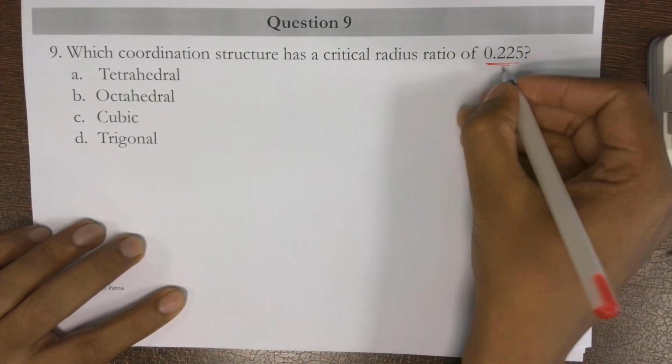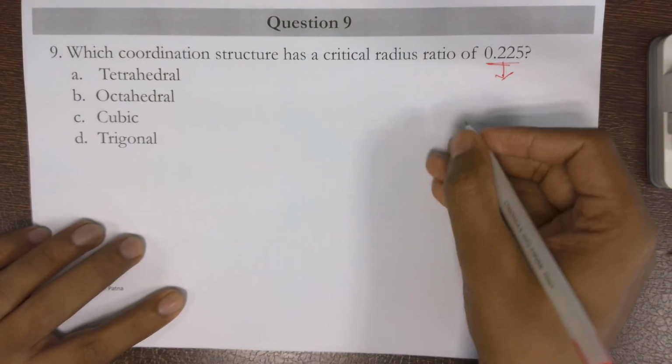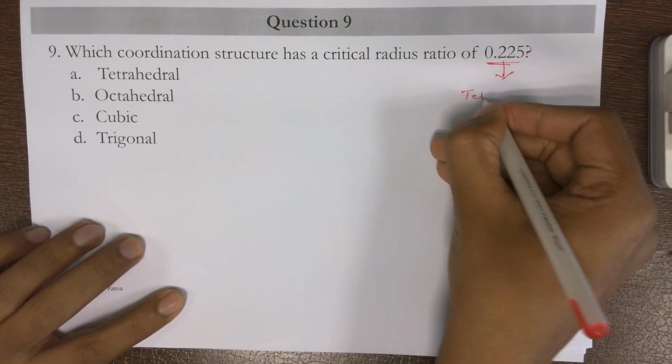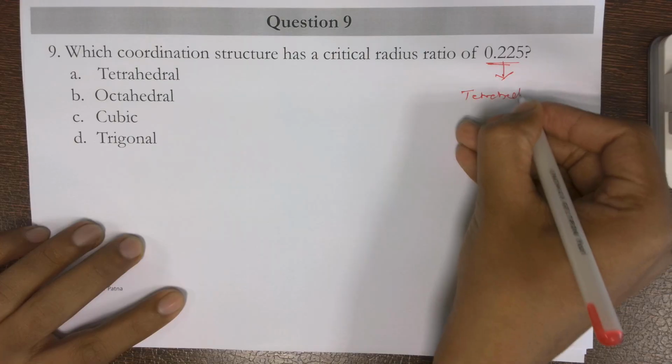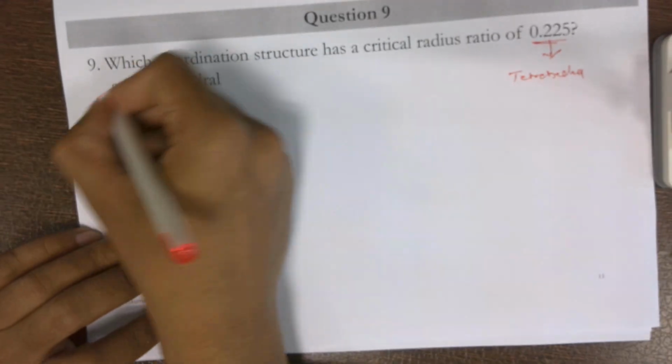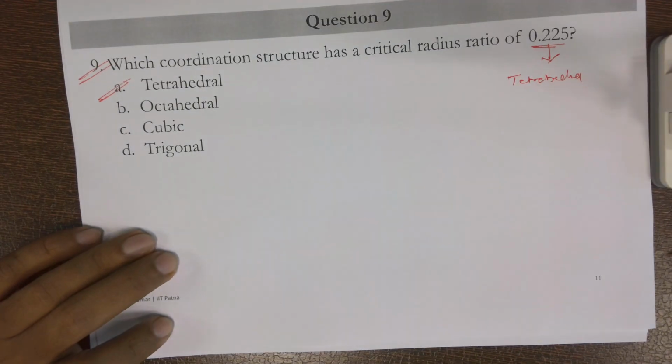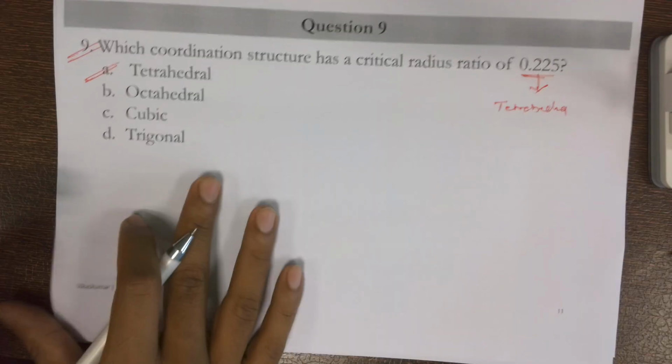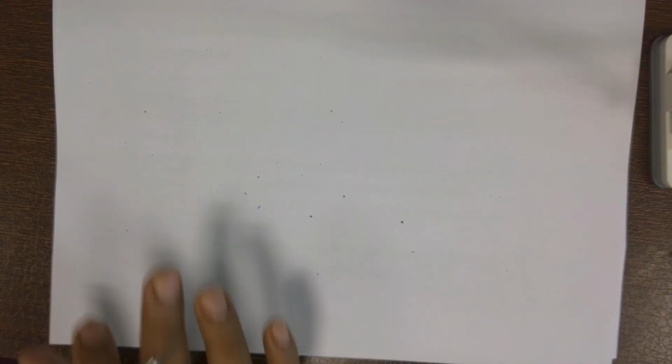We have just now studied that it is a tetrahedron. Option A will be the right answer over here. This kind of questions we can expect in the exam of this course. Okay.